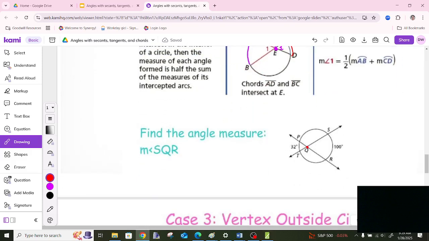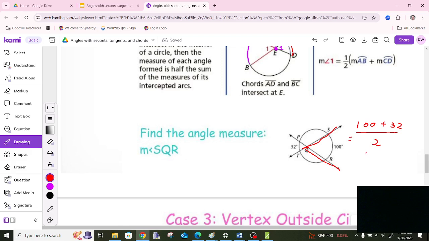Here they want angle SQR, which is this angle right here. The two arcs on either side, you add those together, and then you divide by 2. So 100 plus 32 divided by 2.